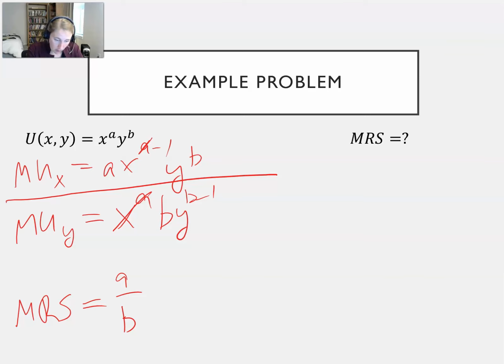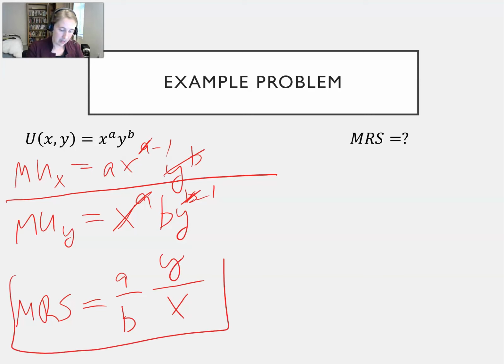And similarly with the y to the b, I have a y to the b on top, and I have a y to the b minus 1 on the bottom, so I can cancel out that b in the exponent. Now, I have an x to the negative 1 in the numerator. That's like saying 1 over x, so I'm just going to put the x in the denominator. Similarly, on the bottom, I have y to the minus 1, so that's like 1 over y. So I'm going to put the y up top. And there you go. The MRS is a over b times y over x.